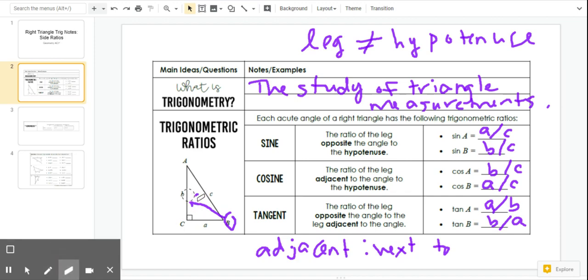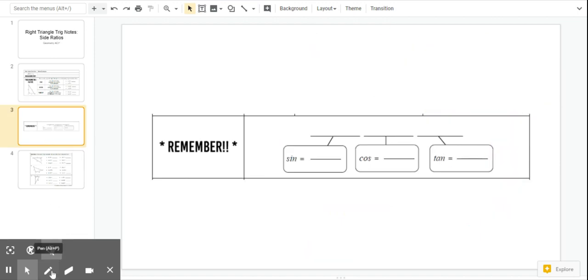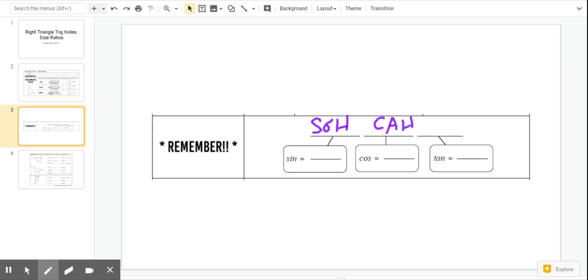I know it looks a little confusing at first, but with some practice, you'll get used to this. We use this little saying to remember these ratios: SOHCAHTOA. This is how we remember the ratios.